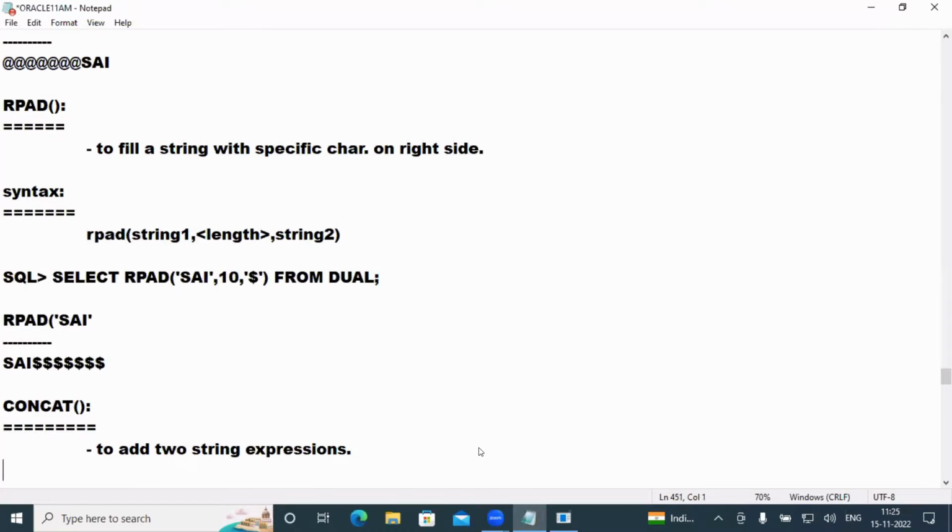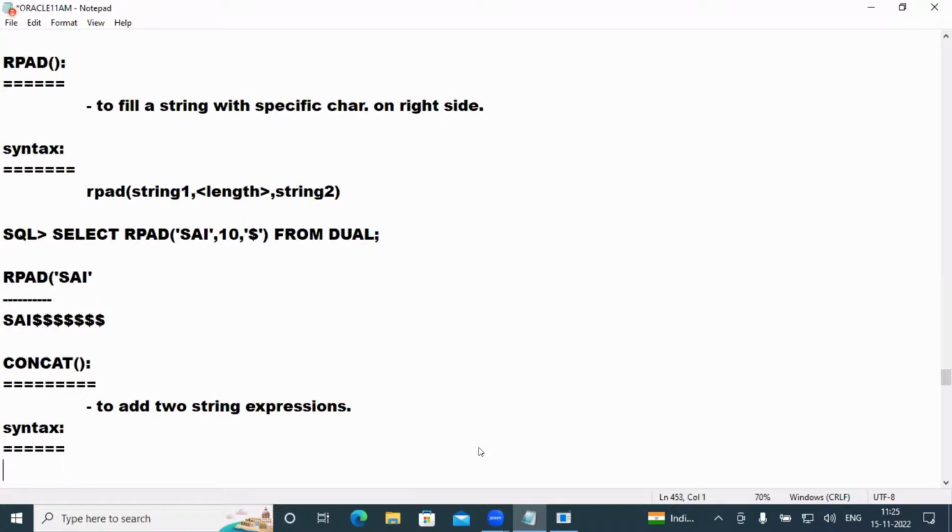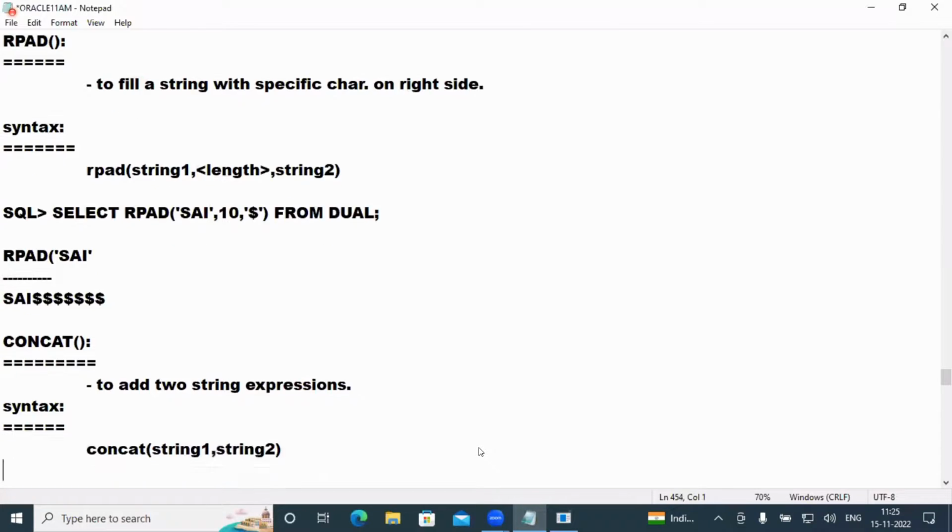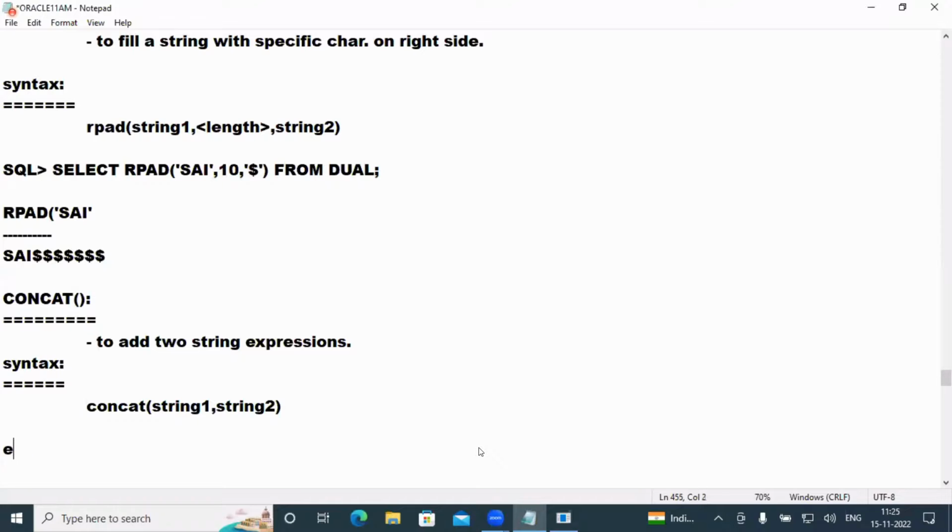So what is our syntax here? CONCAT of string number one comma string number two. Now come out and see the examples on this.